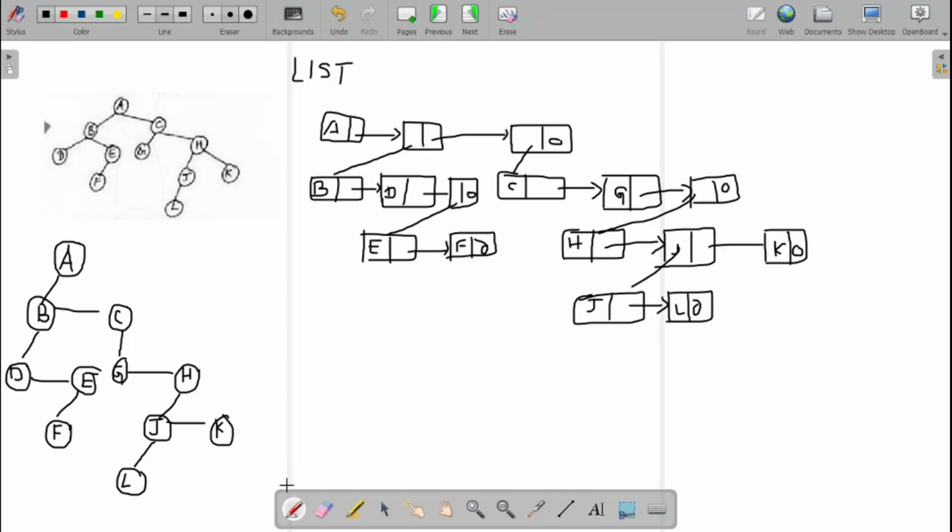Fine. So this is a left child right sibling representation.